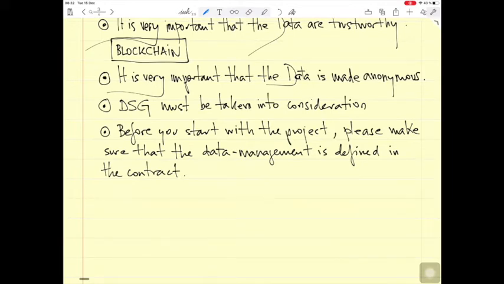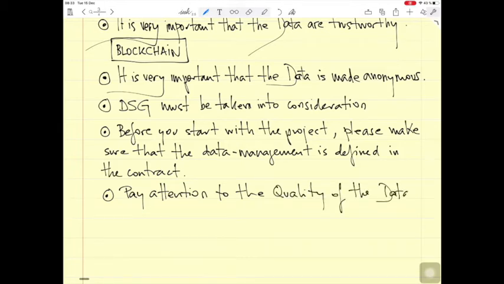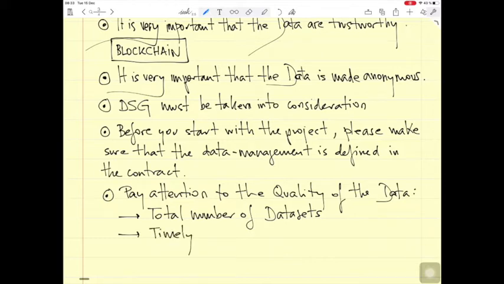Please pay attention to the quality of the data, to the total number of data sets, to the timely consistency.